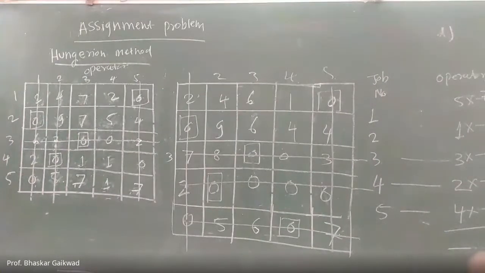Assignment and transportation. So in the last 2-3 lectures we have gone through the second section revisions. First, the formulation of linear programming, simplex method and graphical method. After that, we have gone through transportation problems and optimality test by using the MODI method. And the last part, the assignment problem by using the Hungarian method.